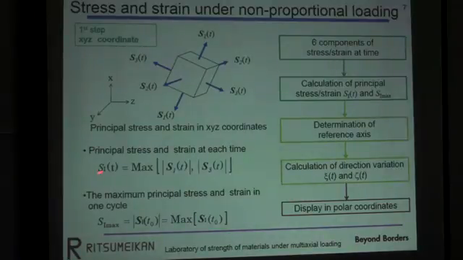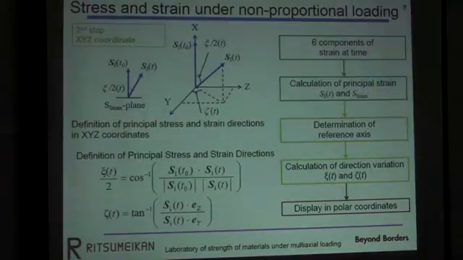This is S_I(t), and in the full cycle we take the maximum one as S_I max. So we always evaluate the maximum amplitude of stress or strain.